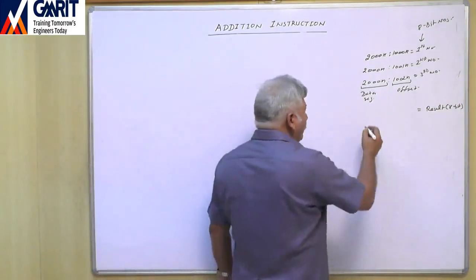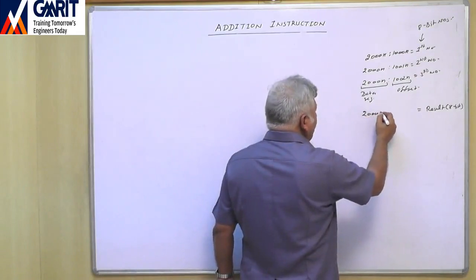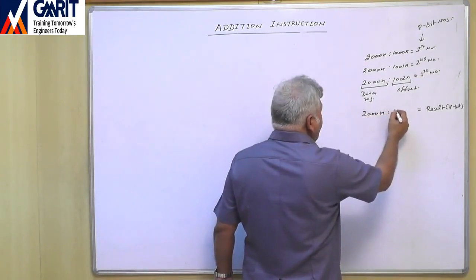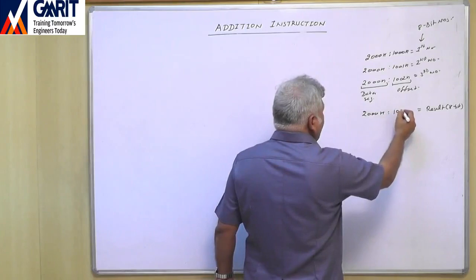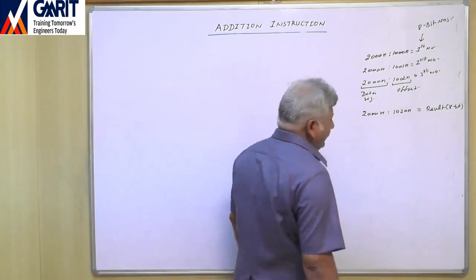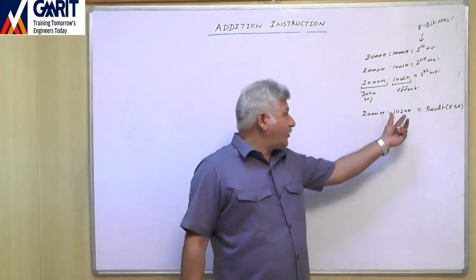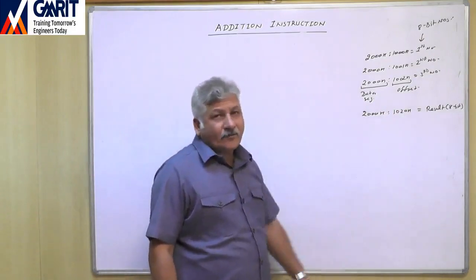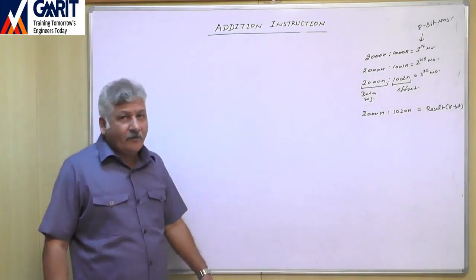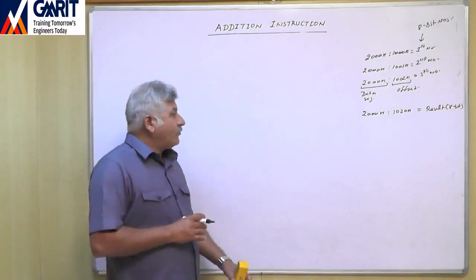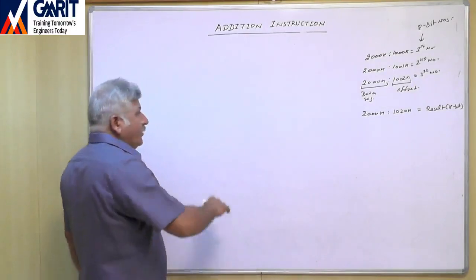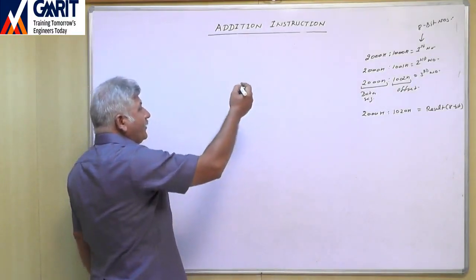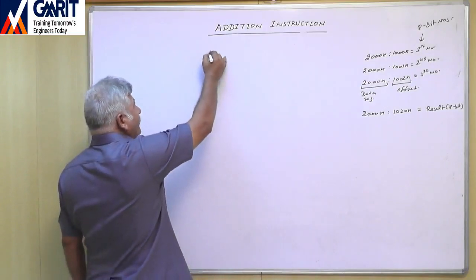So result we will store in 2000H colon 1020H, right? In memory at the offset 1020H, at this offset in the same segment we will store the 8-bit result.